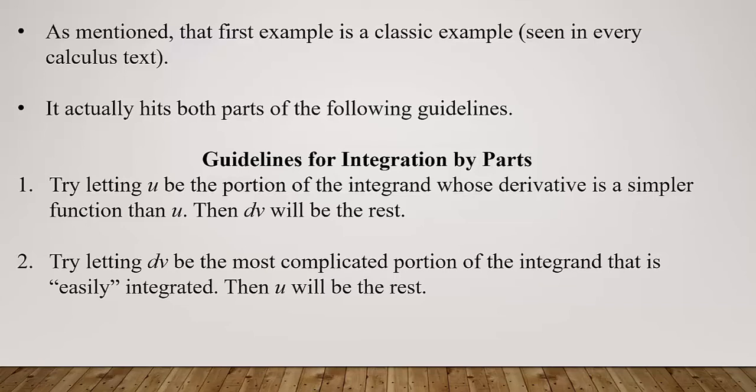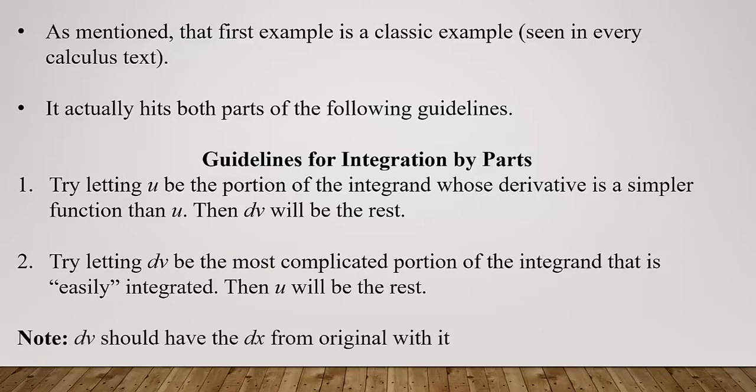Then u will be the rest. And notice how that first example, why it's a classic, it does fit part 1, it does fit part 2. One very important note, dv should have the dx from the original integral with it. So whatever you're saying dv is, dv will equal whatever, dx. You have to account for all pieces of the original problem.